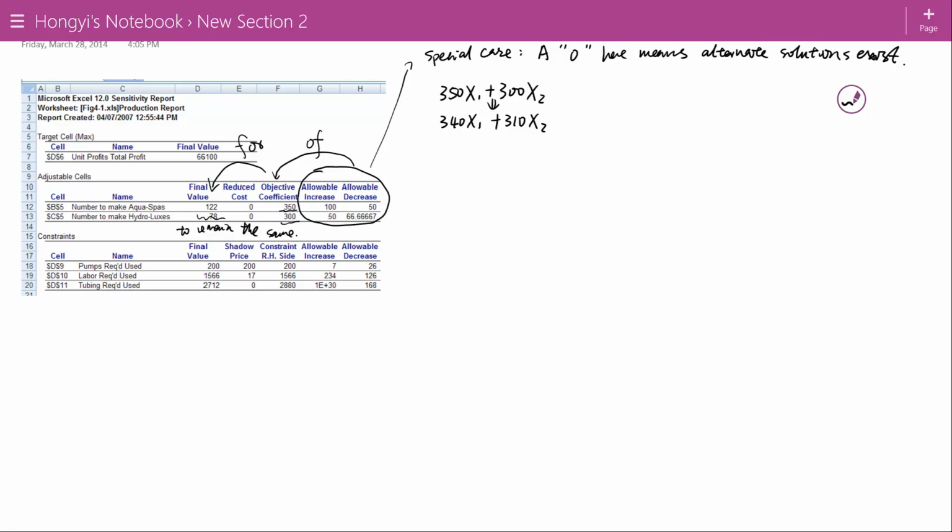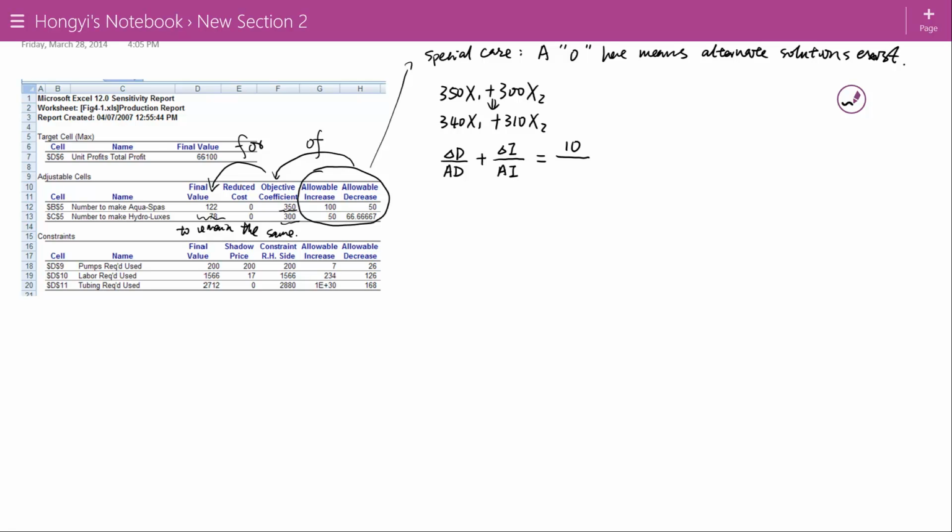The 100% rule looks at how much change has occurred. This one, from 350 to 340, decreased 10 units. So that amount of change is divided by the allowable decrease, plus the other amount of change. In this case, we increased 10 units. So it equals 10 divided by, because the first case is a decrease, the allowable decrease of this coefficient.